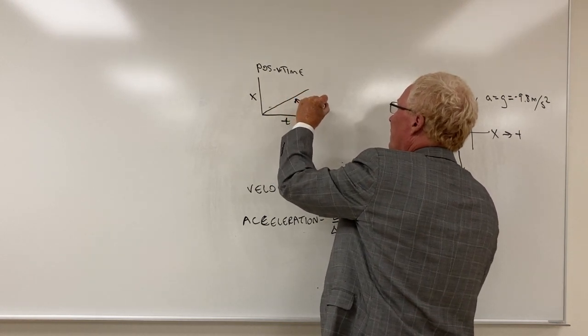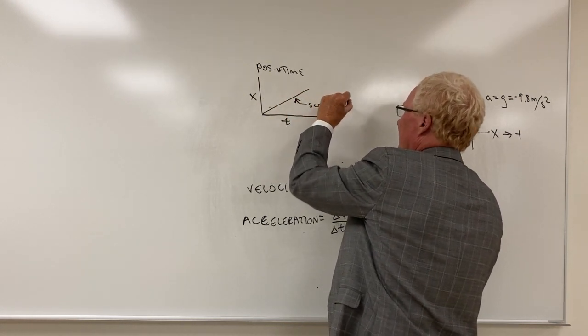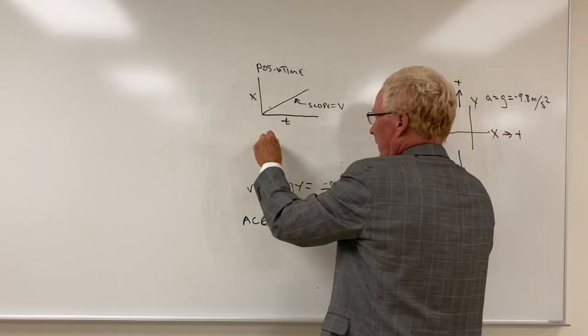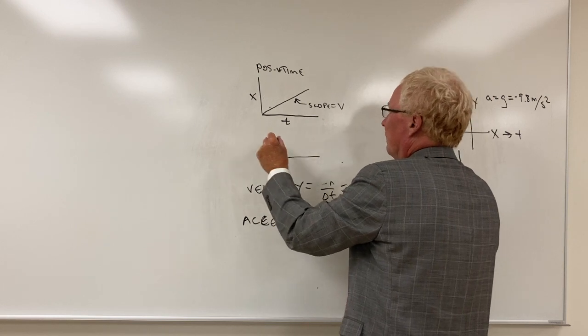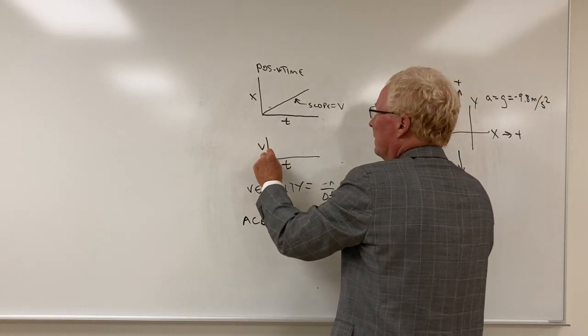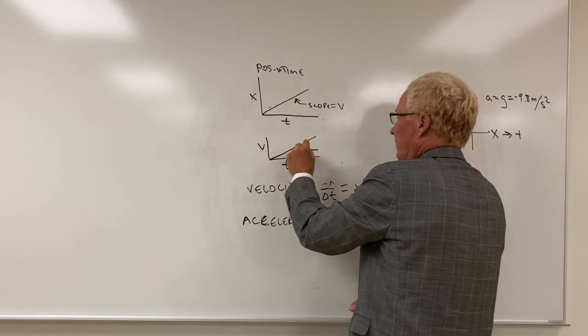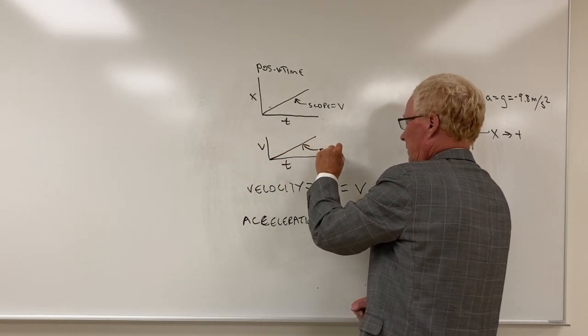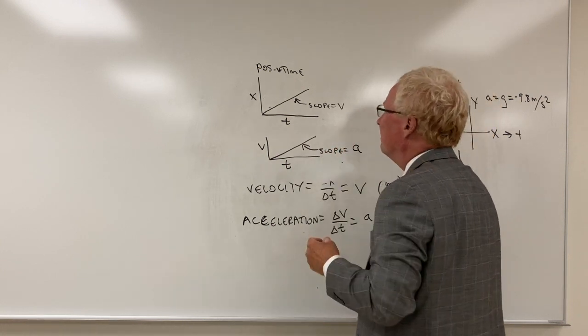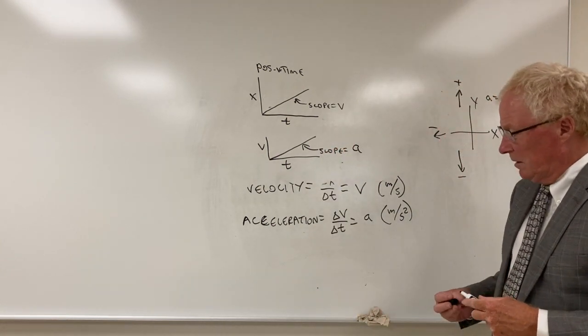The slope is the velocity, change of rise over run. And if we do a velocity versus time graph, which we'll see, then the slope of this is the acceleration, a. So we'll be using these as we go along.